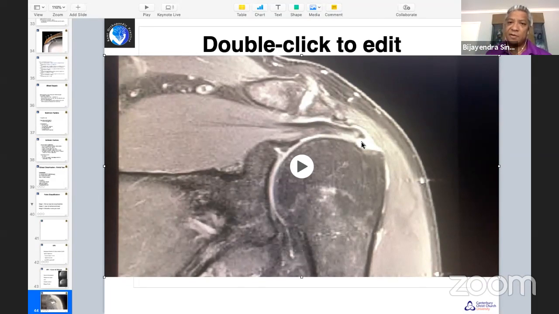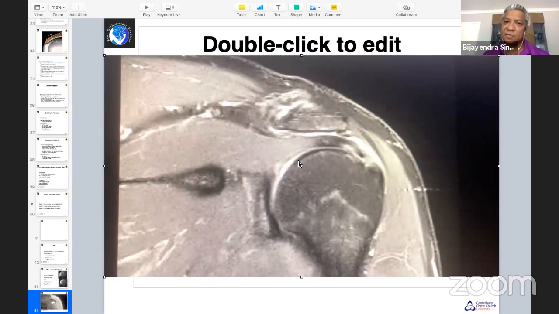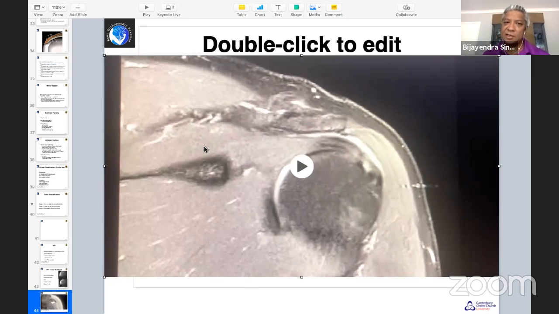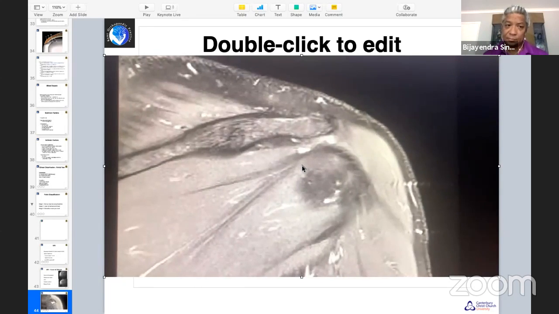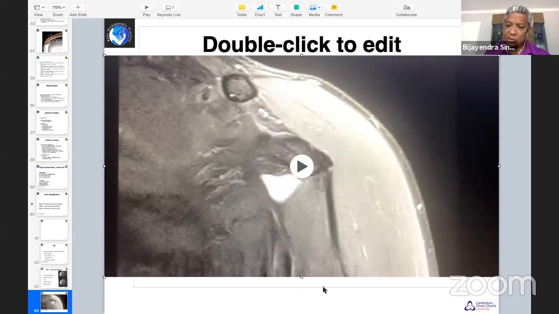That white is the fluid that is present, but it's more or less where it should be. And you can see it's a fairly large tear. And this is now going into the infraspinatus territory, where there is some partial thickness tear, but it's not involved significantly. So that way you can advise the patient about the management.